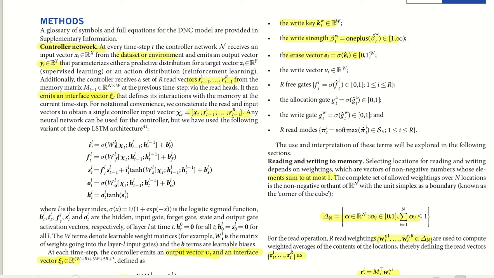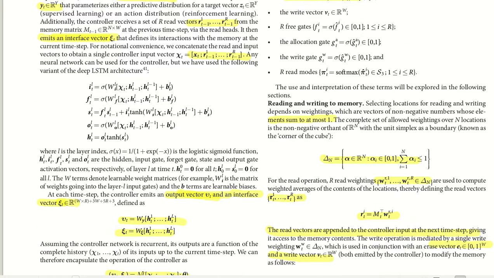The main thing to notice here is that you get an input X, and what this LSTM does is output an output vector and an interface vector. The interface vector is the way that the controller interfaces with the memory, and the output vector determines the output of the network.